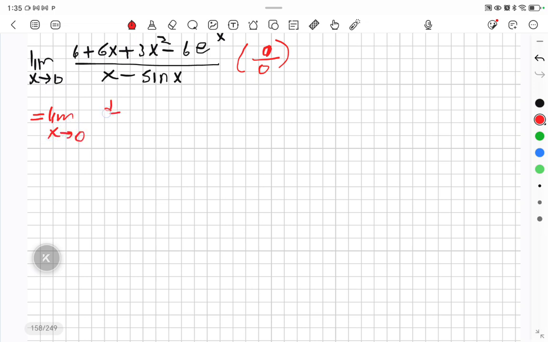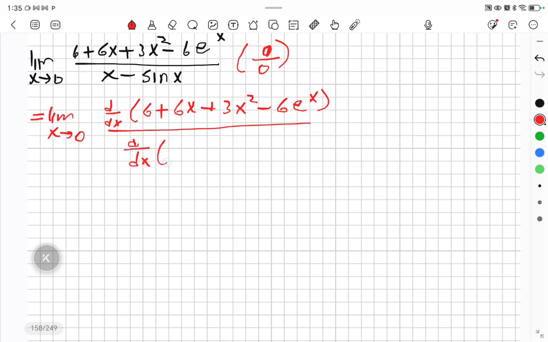D over dx of 6 plus 6x plus 3x squared minus 6e to the x all over the derivative of x minus sine x.